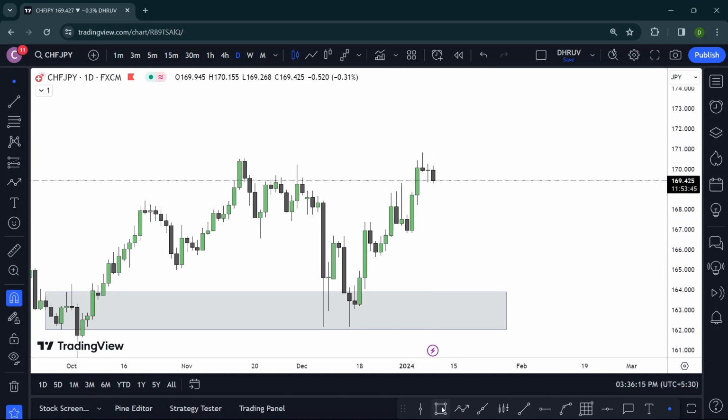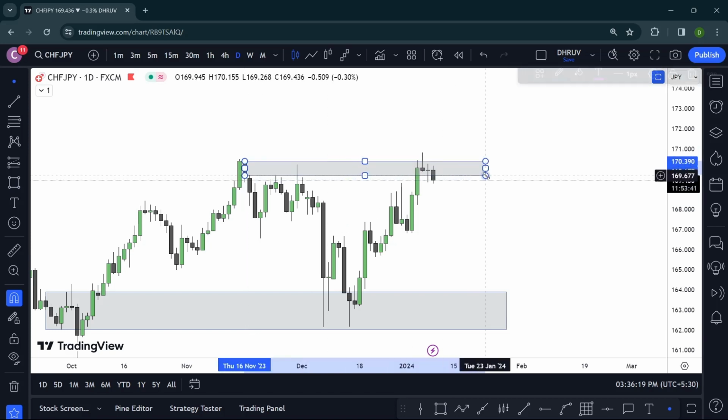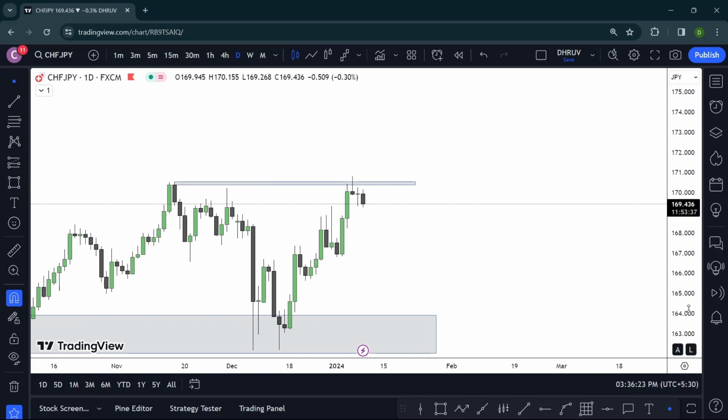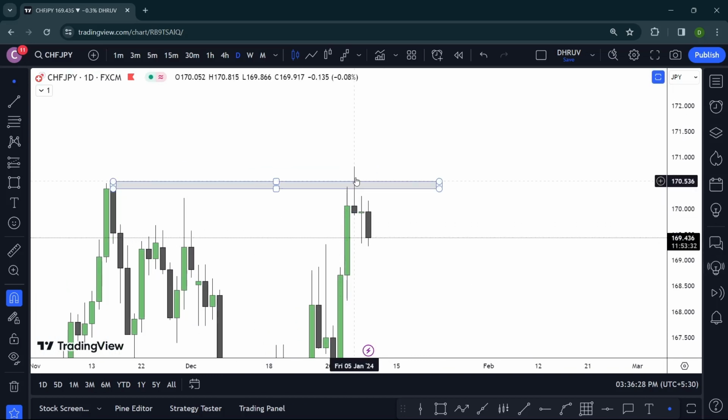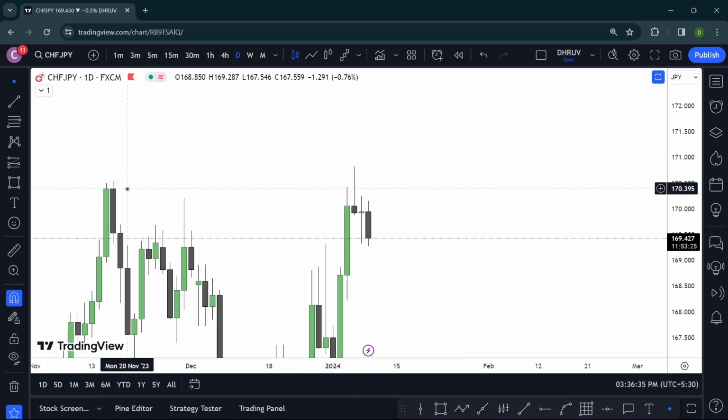So on daily, this was the last high. This is the all-time high, right? And we can see that price came into this area, wicked over it, as per the SMC concept. Even though I don't trade it, I know some basics.